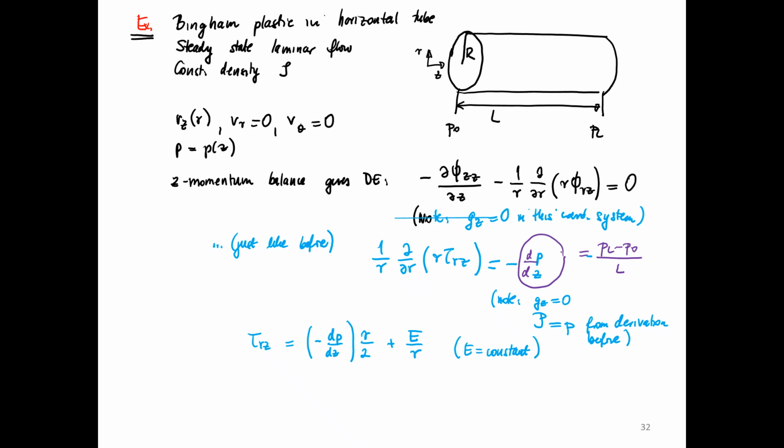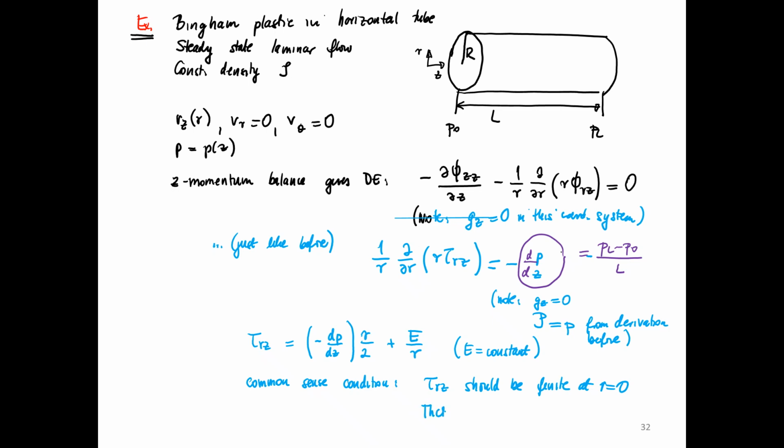Now this is Bingham fluid, but it's still within my geometry, and I'm in the coordinate system. So I will use the same argument. I'm going to call it a common sense condition that says tau RZ should be finite at the center of the tube.